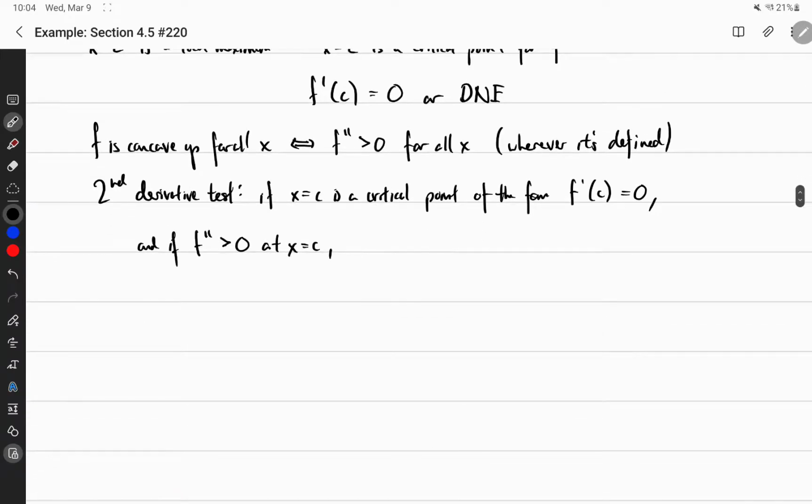Here the second derivative will tell us that x equals c is actually a local minimum for the function.